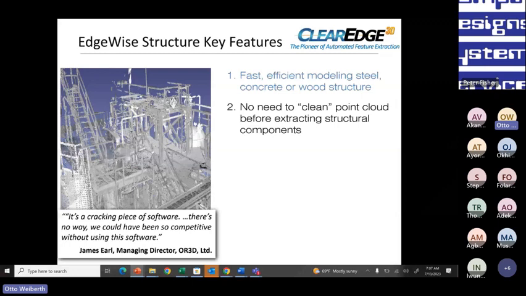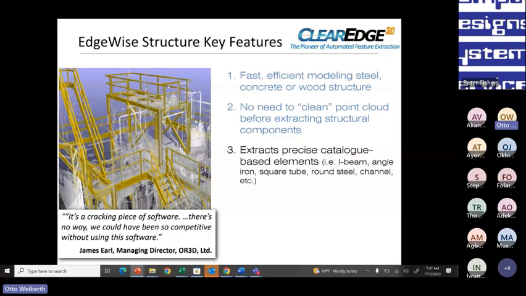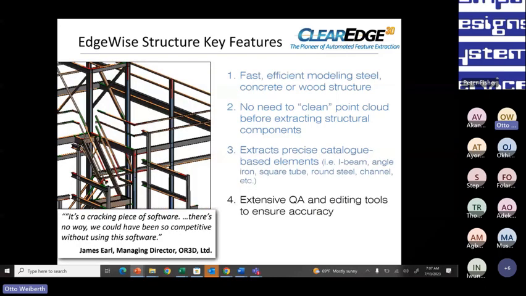There's no need to clean the point cloud in order to extract any structural components, because you tell EdgeWise which catalog you're using. EdgeWise will go out, use the data from that catalog, and extract the elements based on that catalog. Okay. And again, QA is critical to us. We will show you exactly the point cloud and the steel that was extracted and how it matches up. And again, as fast as you could page down, you'll be able to do QA.